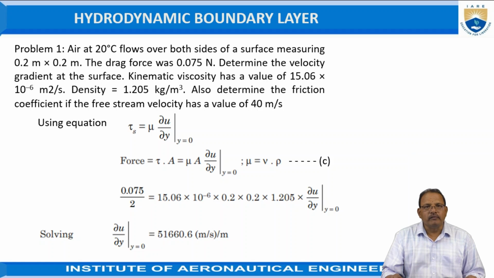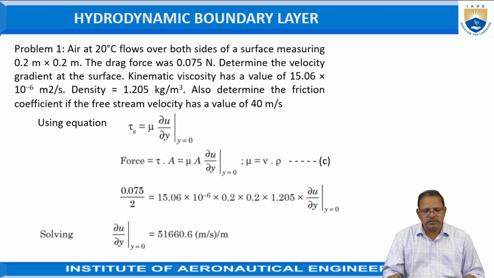Problem number 1: air at 20 degrees centigrade flows over both sides of a surface measuring 0.2 by 0.2 meters. This is the cross section of the plate. The drag force is 0.075 newtons. Determine the velocity gradient at the surface.